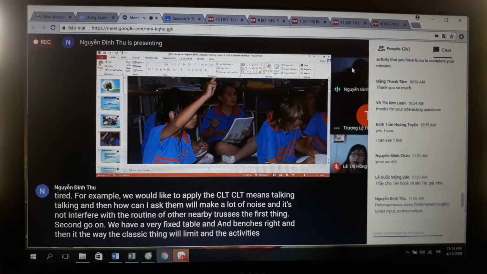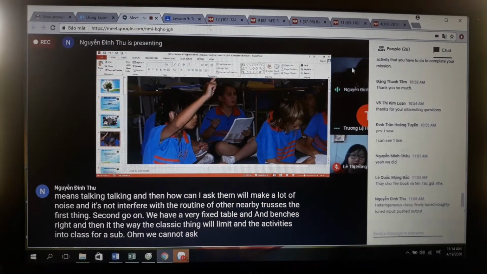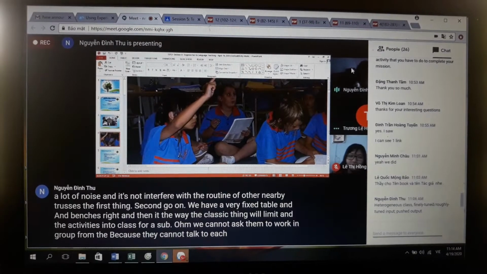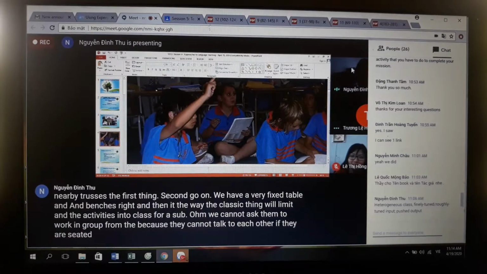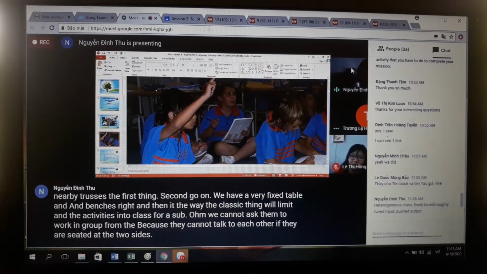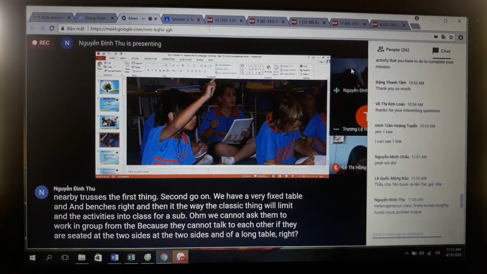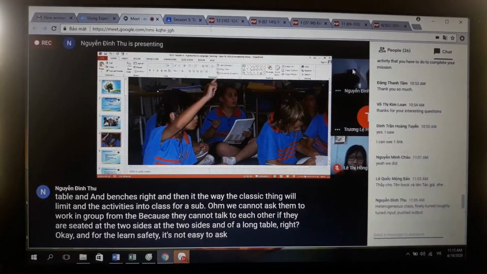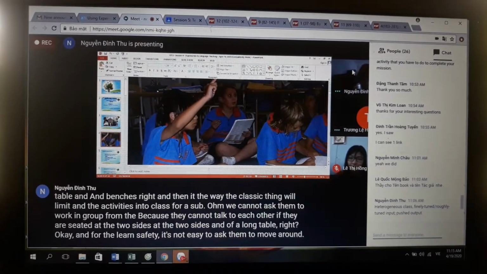For example, we cannot ask them to work in groups because they cannot talk to each other if they are sitting at the two sides of a long table, right? And for learner safety, it's not easy to ask them to move around the class.